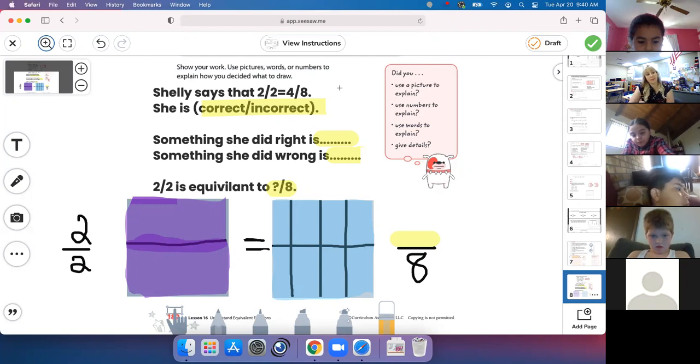Type in the chat when you are done, when you are ready to press the green check mark and turn it in.